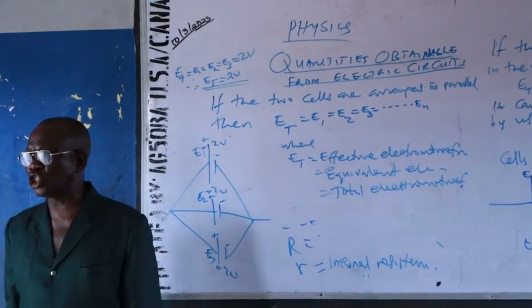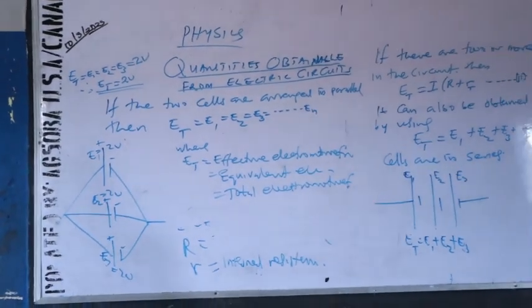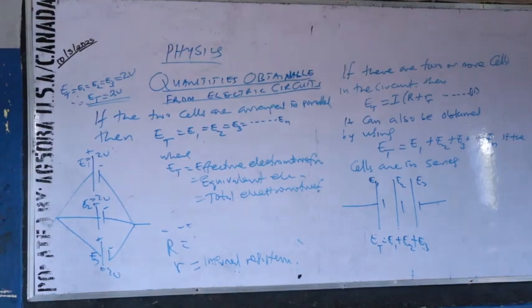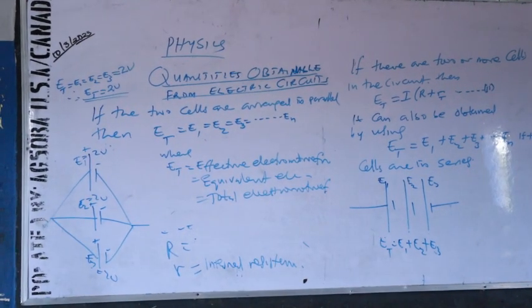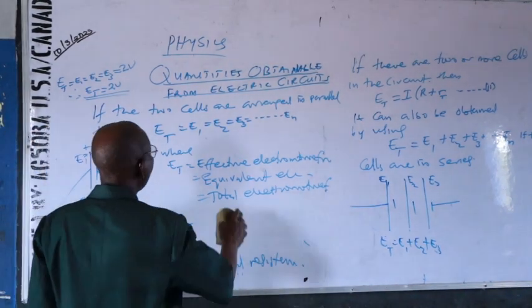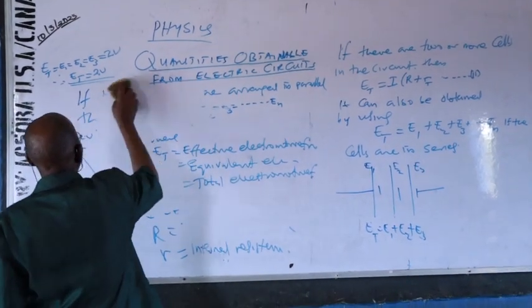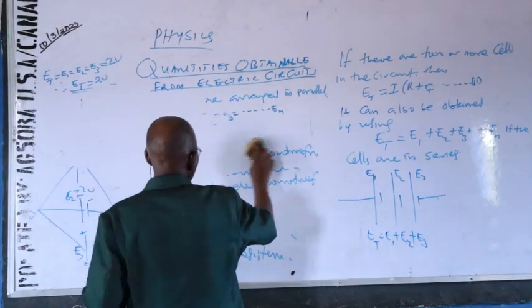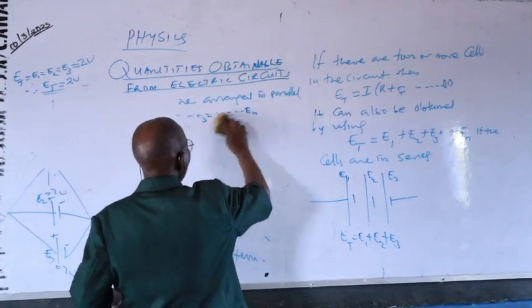Now, the second obtainable quantity is external potential difference. External potential difference can be obtained from an electric circuit. That's number 2.